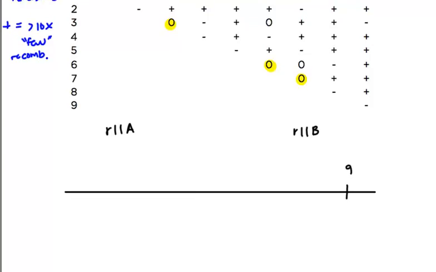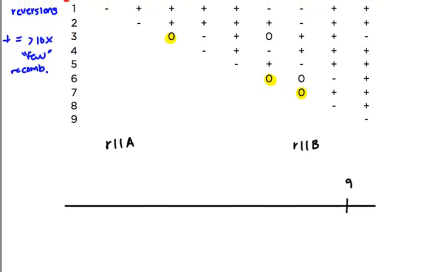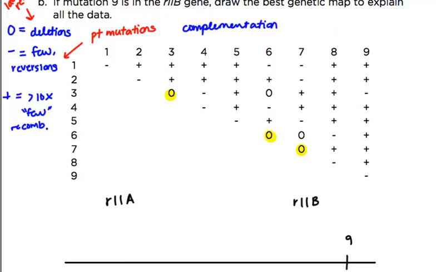So the way to do this is we're going to use the recombination data to order these mutations with respect to the deletions. So let's look at deletion 6 first. When you look down the column for 6, anything that's indicated by a plus means that it recombined with that mutation. We already know that the zeros mean it was because of deletion.